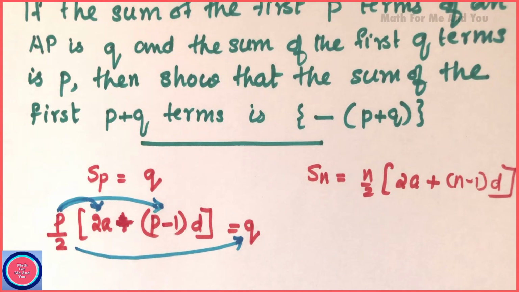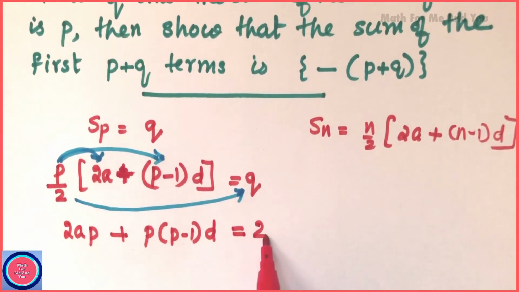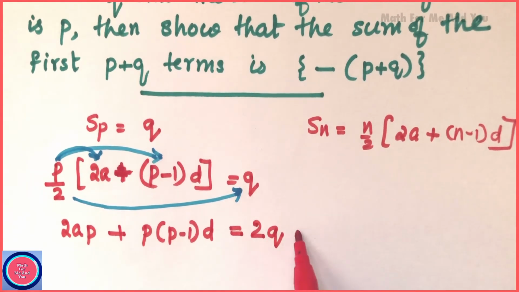We can multiply with the p, then 2a times p becomes 2ap plus p times p minus 1 into d. We write that same as it is, equal to 2, the denominator moves to the right side, it becomes 2 times q. This is an equation we are getting. We can mark it as equation number 1.